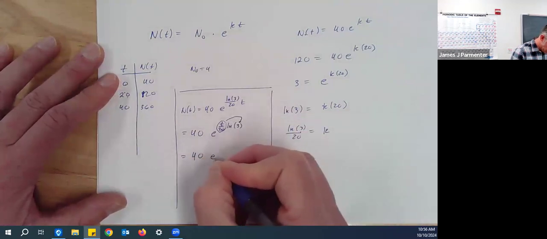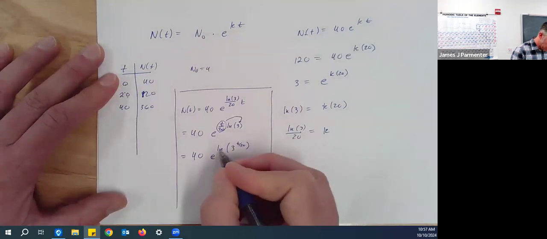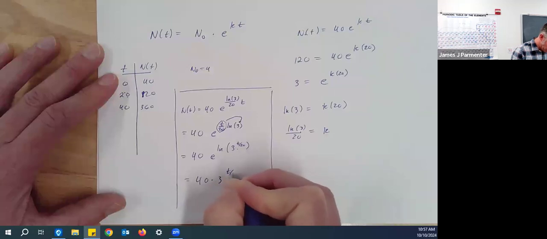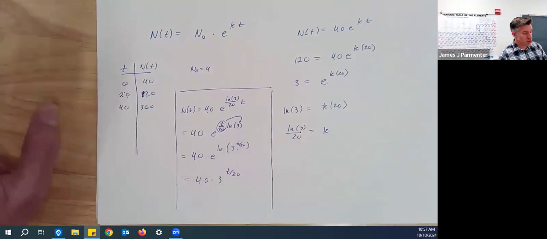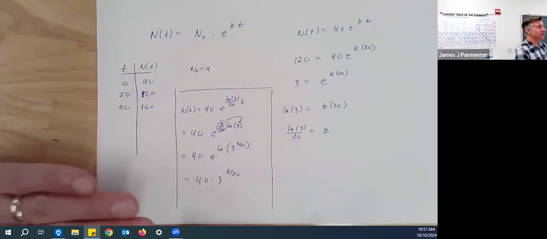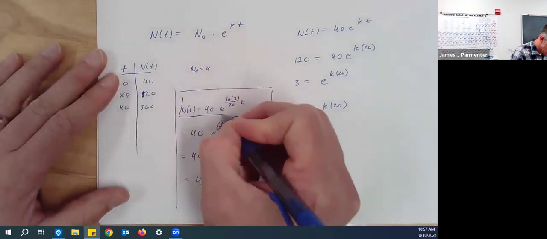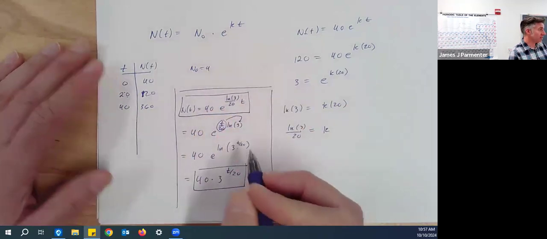That's 40 e to the natural log of 3 to the t over 20. And then e to the natural log of some stuff is just the stuff. Hey, look, that's the same thing I had over there. So not that you should do it this way, I just want you to be convinced that doing it either way is going to produce the same result. Your results might look a little different, this versus this, but they are the same function.